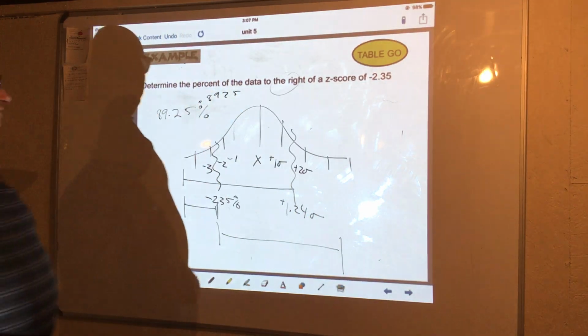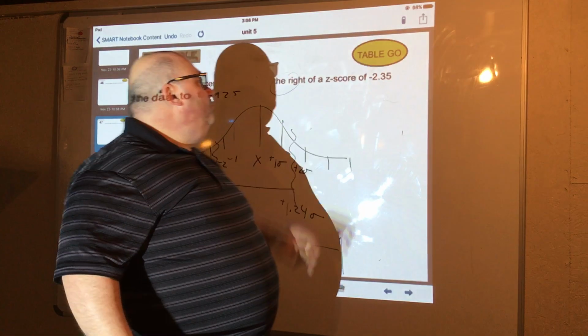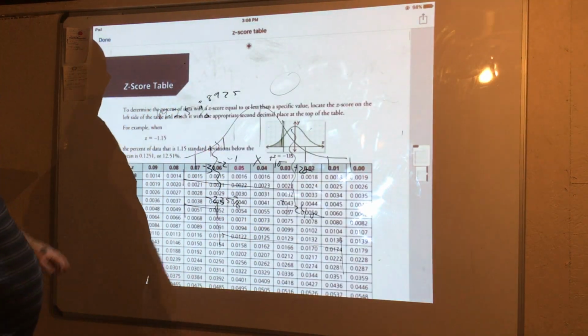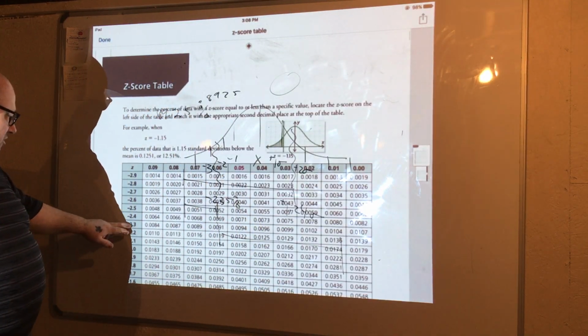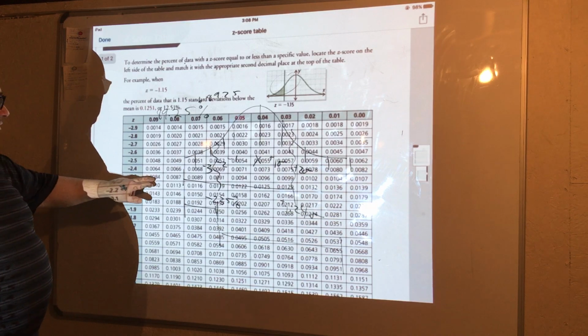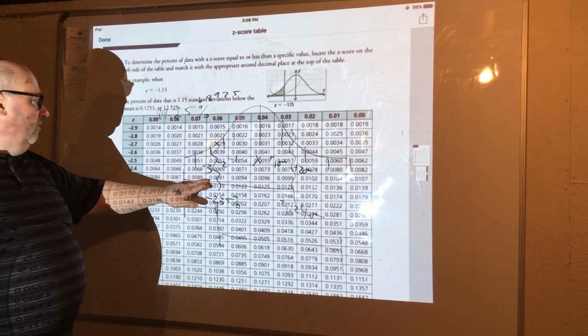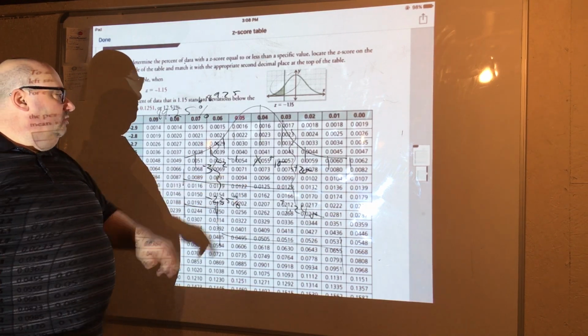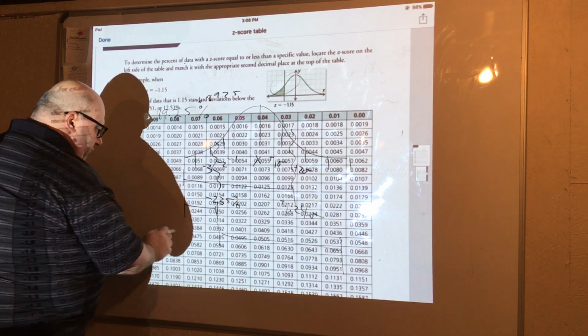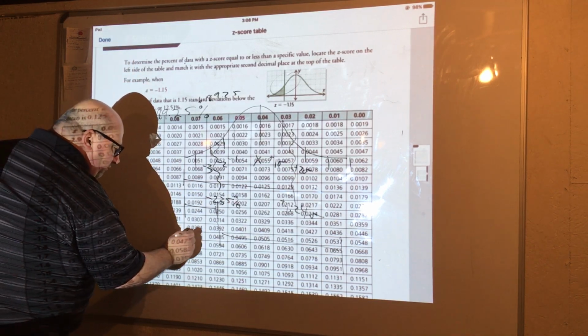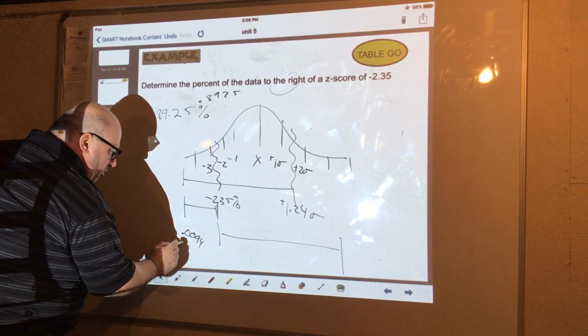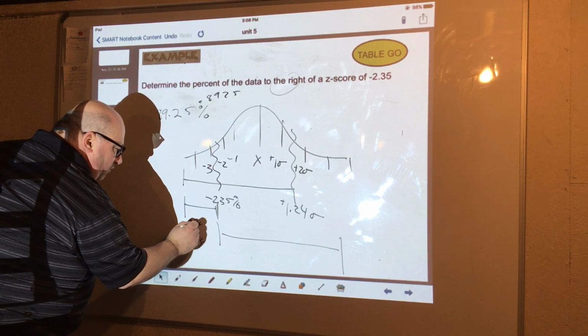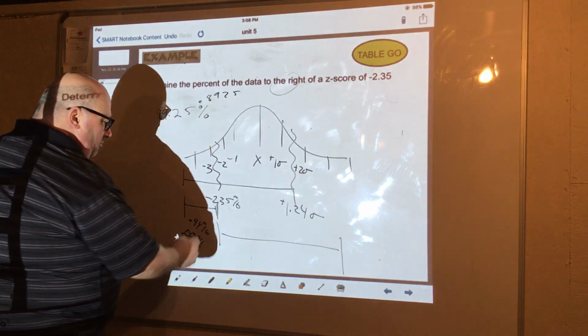Yeah, so we go to our Z-score table, negative 2.35, right? So negative 2.3, and I'm going to go over to 0.05, 0.0094. Okay, so 0.0094 or 0.94%, right?